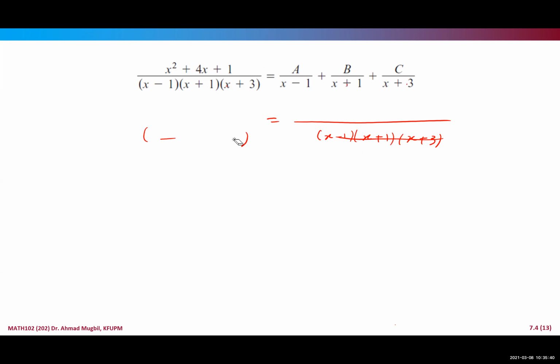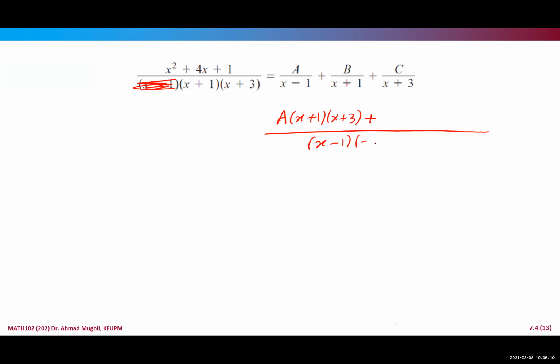What is the numerator here? It is x squared plus 4x plus 1. Now, to make this a single fraction, what do we do? We need to multiply A by what? It has x minus 1, so we need to multiply it by x plus 1 and x plus 2. Am I right? To make it over the same single denominator.